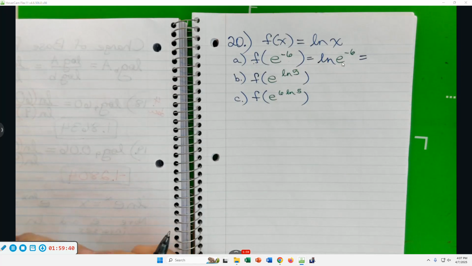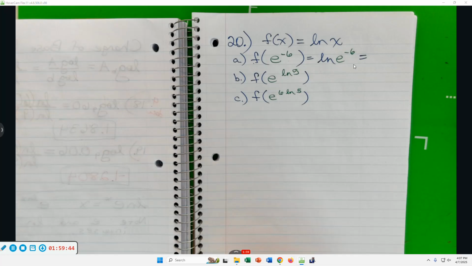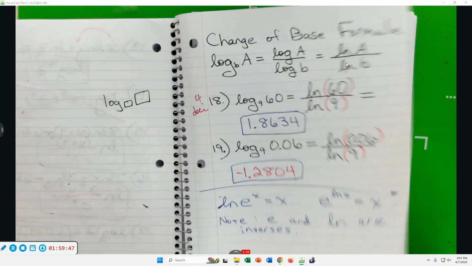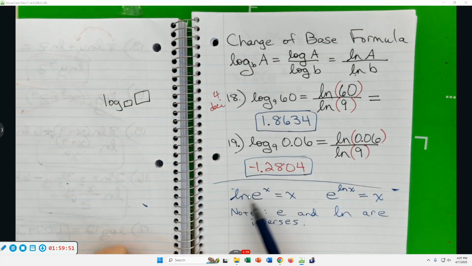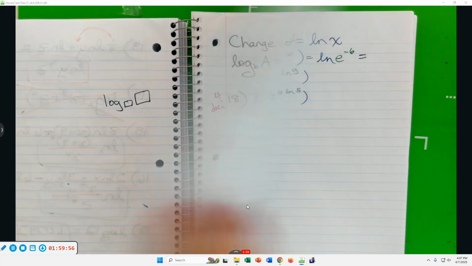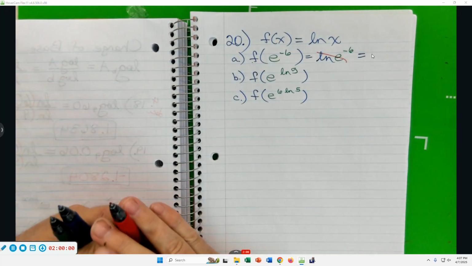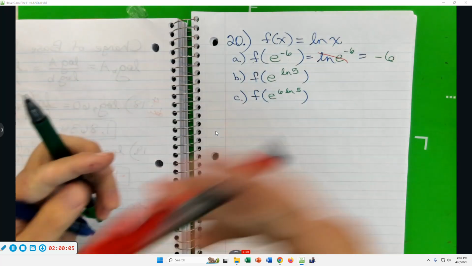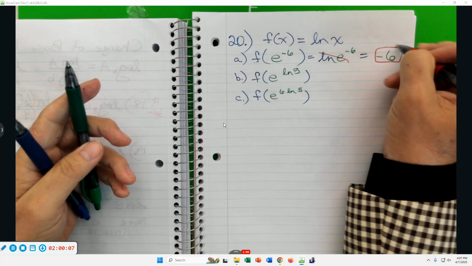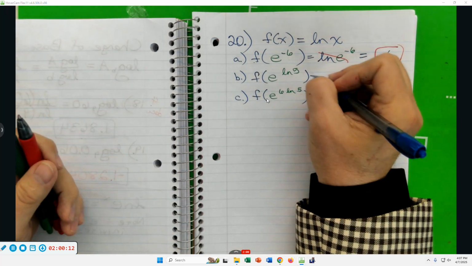E and ln are side by side, the inverse functions performed consecutively. They cancel out, leaving you just negative 6. I'll type in the answers at the end.